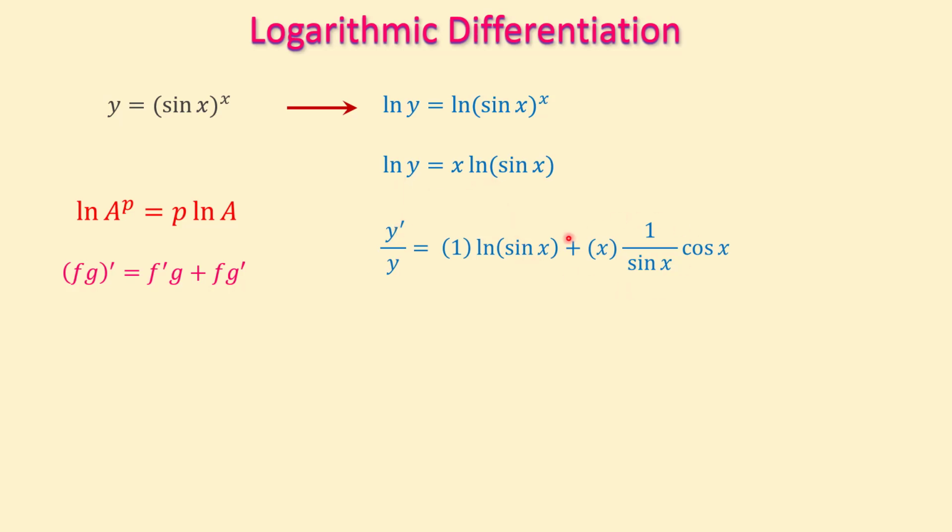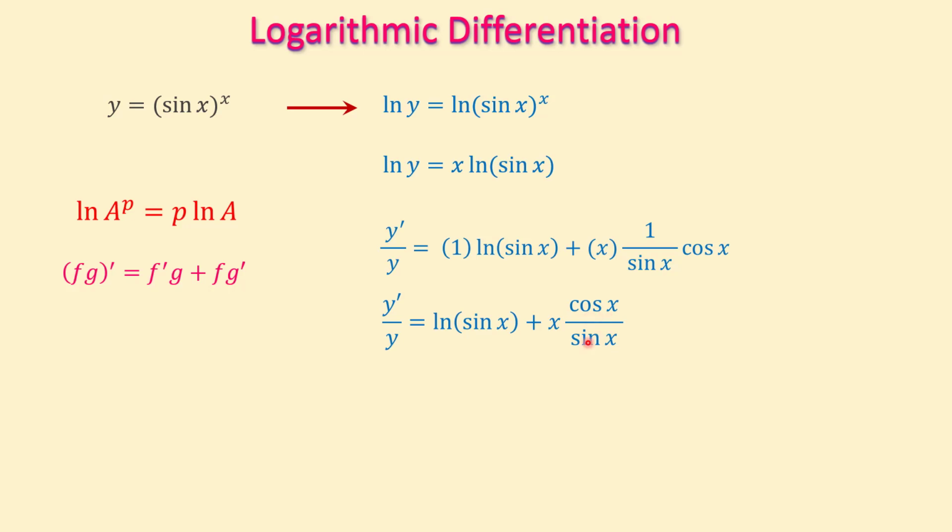Let's simplify the right side of this equation. 1 times ln of sine of x is ln of sine of x, plus x times cosine of x times 1 is cosine of x over sine of x. If you remember from trigonometry, cosine of x over sine of x equals another trigonometric function, but you don't need to do this conversion.